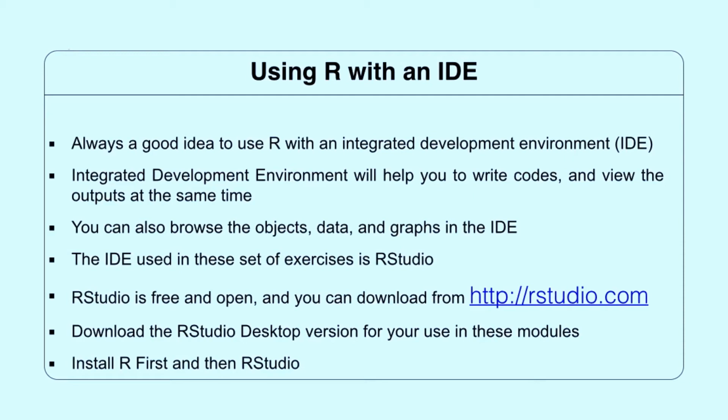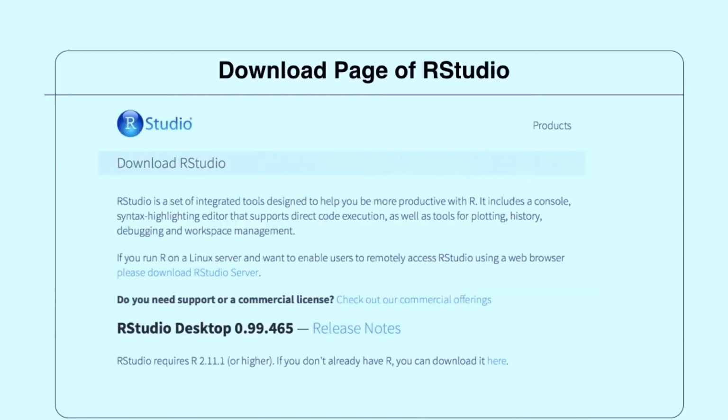In order to correctly use RStudio, you have to install R first, and then you have to install RStudio. Here is the download page of RStudio. You can click on the download for the appropriate version for your platform.